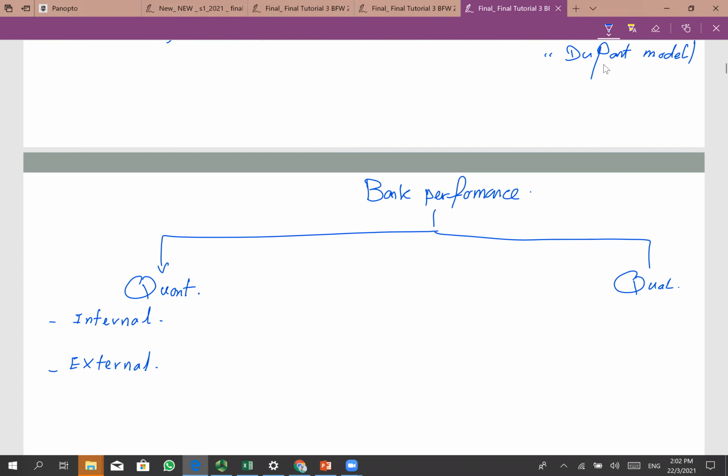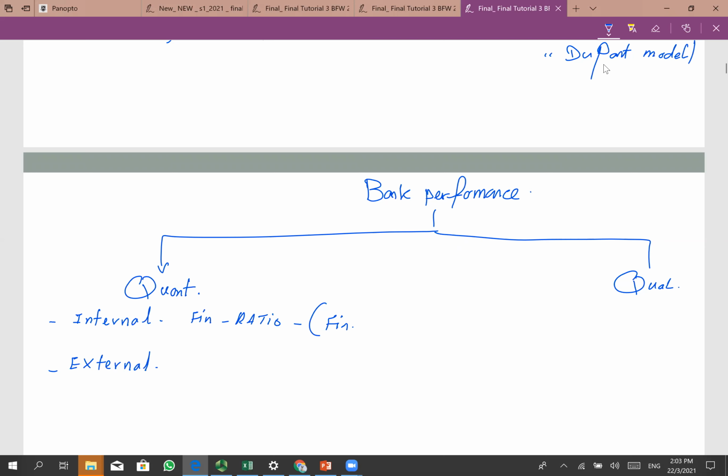When we talk about internal, we talk about the financial ratios coming from the financial reporting. You can talk about growth, market share, all financial ratios, profitability ratios, efficiency, interest rate differential, liquidity, and the different types of risk measures like capital risk, liquidity risk, interest rate risk, and the rest of those risks.